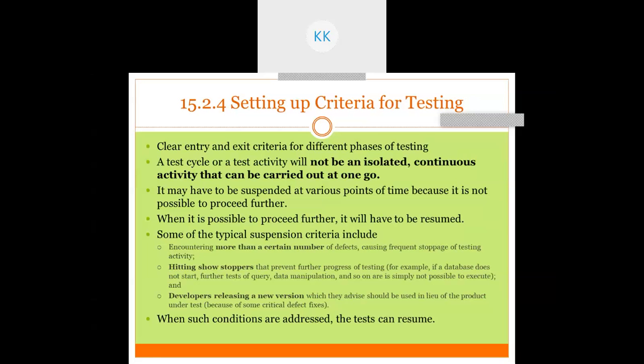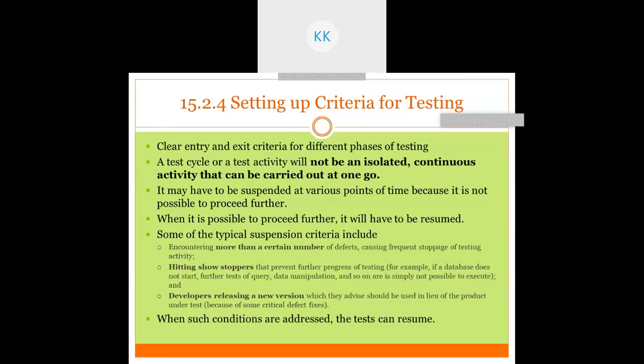So like this you need to decide upon the criteria for entering into the testing and for exiting from the testing. Because if you over-test any product, it is as good as failing the particular product. So that's why you need to decide on entry and exit criteria.